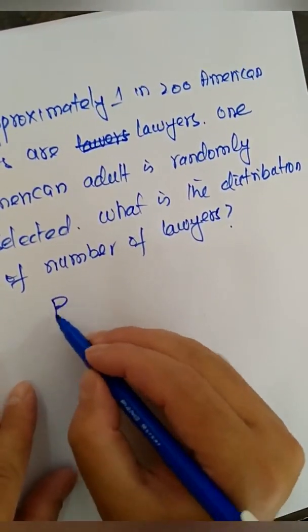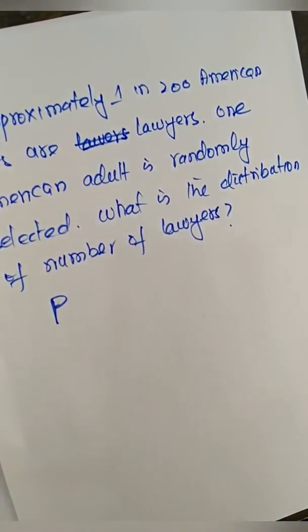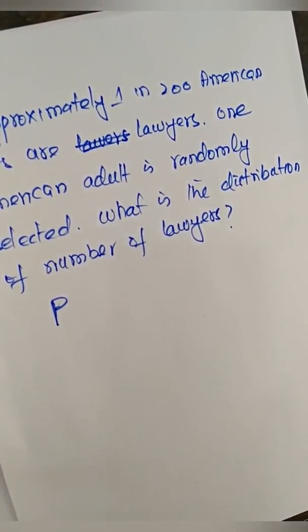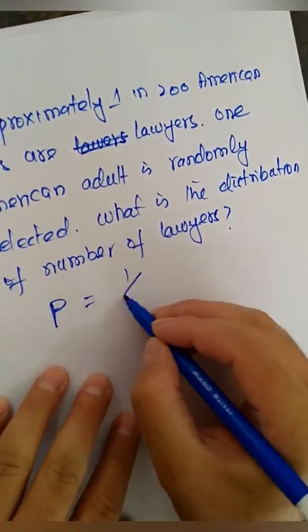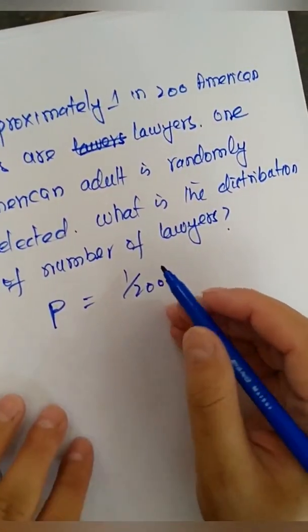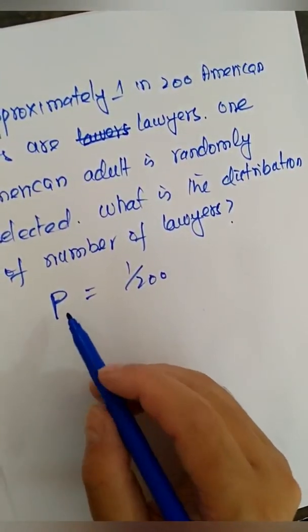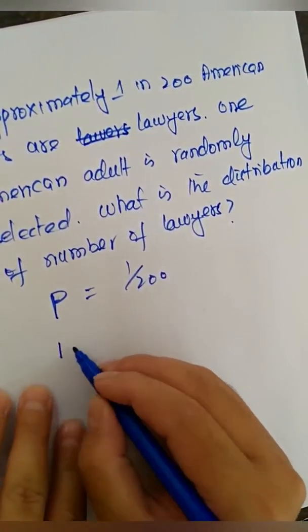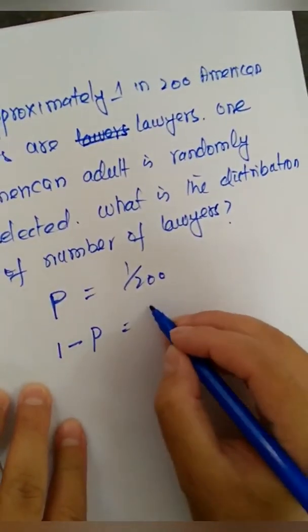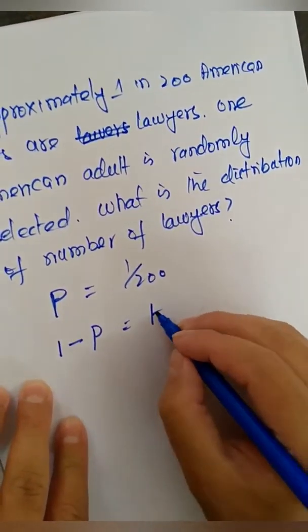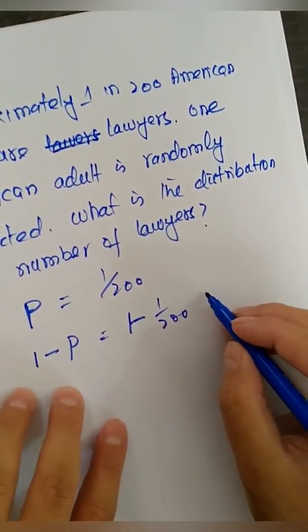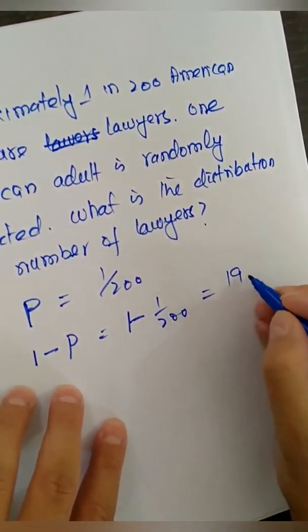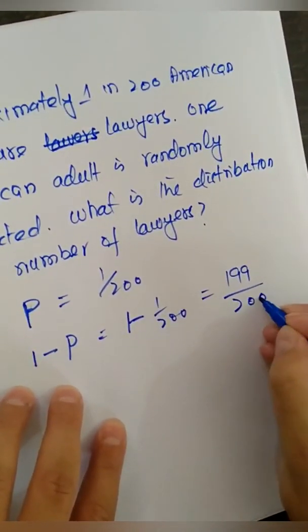So the probability of a lawyer, because there is only one lawyer out of 200 Americans, would be 1 by 200. And its complement, the probability of failure, would be 1 minus 1 over 200, that is equal to 199 divided by 200.